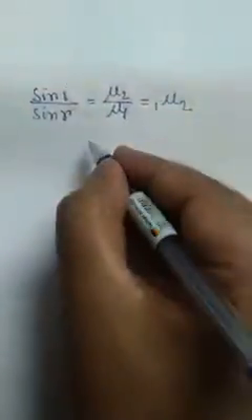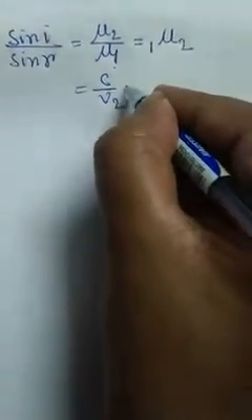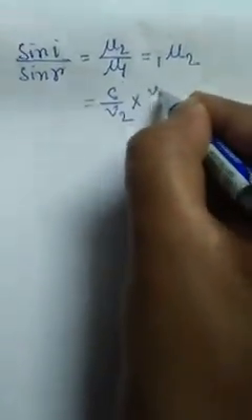Okay, so now from the previous case, we got mu1 equal to c by v1 and mu2 equal to c by v2. Now I shall put the values. Instead of mu2 I am writing c by v2, and instead of mu1 I am writing c by v1.